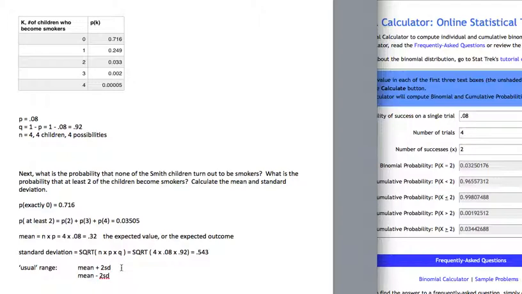What would we expect given the probability of quote-unquote success? If we take the mean of this probability distribution, 0.32, plus 2 times the standard deviation, we get an upper bound.